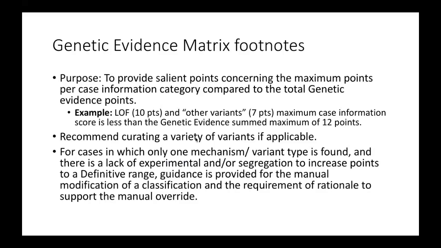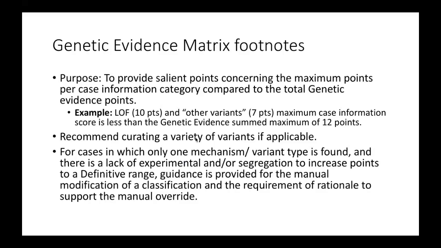We also indicate that we would recommend curating a variety of variants where applicable. We do know that there are certain molecular mechanisms that follow, like loss of function. However, if there are missense variants that meet that loss of function criteria through variant evidence, go ahead and curate those if you can apply that to your gene disease mode of inheritance record.